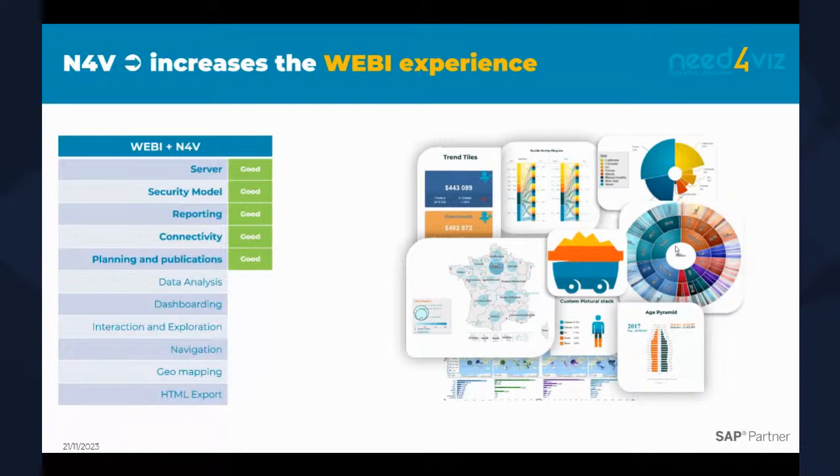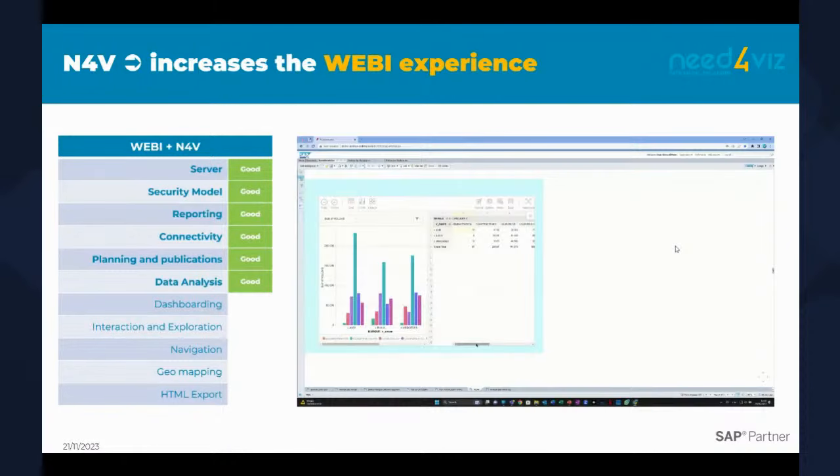Now, what we do, N4V really does increase the Webi experience. We take the Business Objects reporting component, Webi, and we supercharge it with capabilities that it's never had before. And we do this by providing you a data analysis feature.